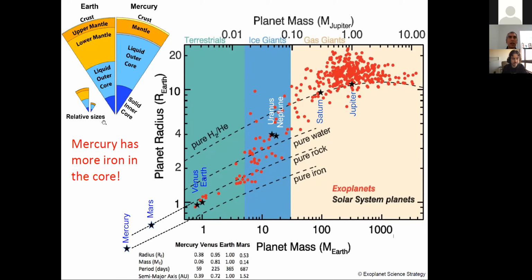So we can see here a comparison between the Earth and Mercury, and in the inner part of the planets, in the nucleus, this part in blue, we can see that in the case of Mercury, proportionally, it has a much larger iron core than our Earth.